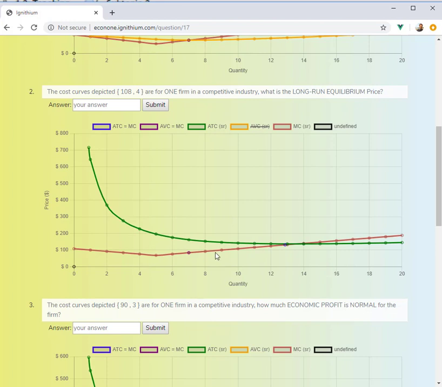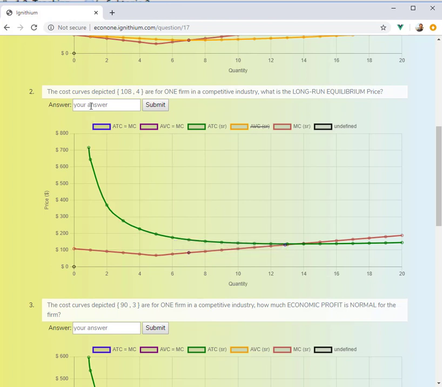All costs become variable, so the variable cost curve isn't relevant anymore. And the long run, remember, is at the minimum of the long run average total costs. So we would look at that point where the marginal cost curve intersects what in this case would be the long run average total cost curve.